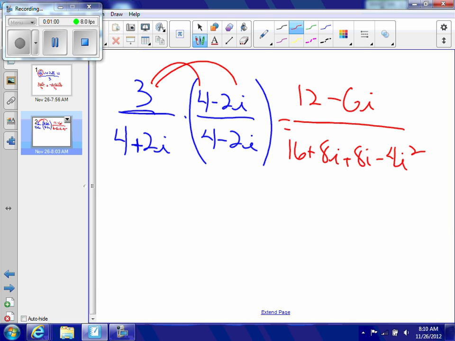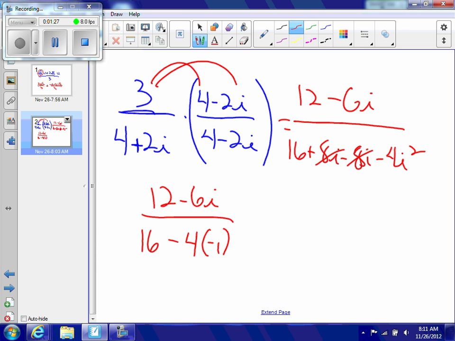Okay, so my 8 plus 8i and my minus 8i are going to go away, right? You good with that? So I didn't make a mistake there? Okay. So I have 12 minus 6i over 16 minus 4, and this is the key right here. i squared is negative 1.